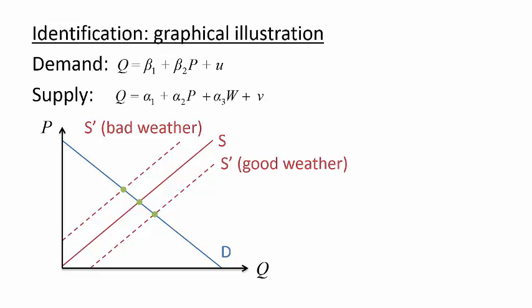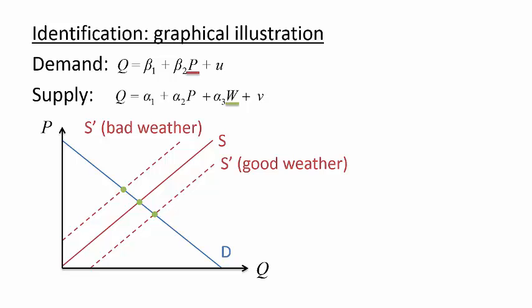Looking at the equations, changes in the exogenous variable weather cause movements in the market equilibrium because weather shifts supply. Because weather does not appear in the demand equation, weather is an exogenous source of variation in the endogenous variable price. As we wait for weather to change the price, we can see how price affects quantity. These are movements along the demand curve.